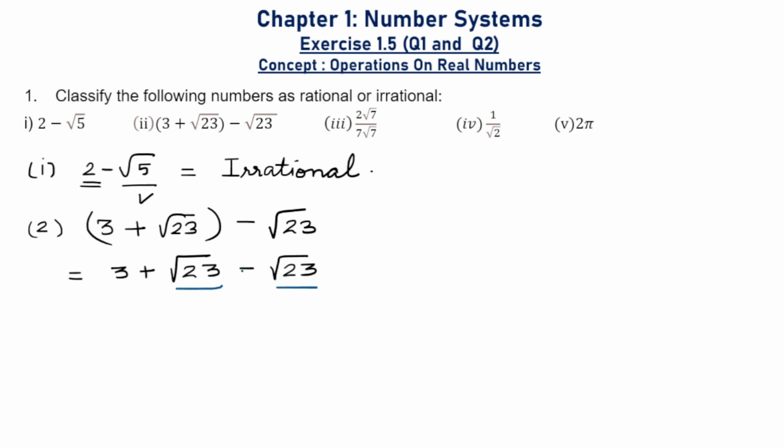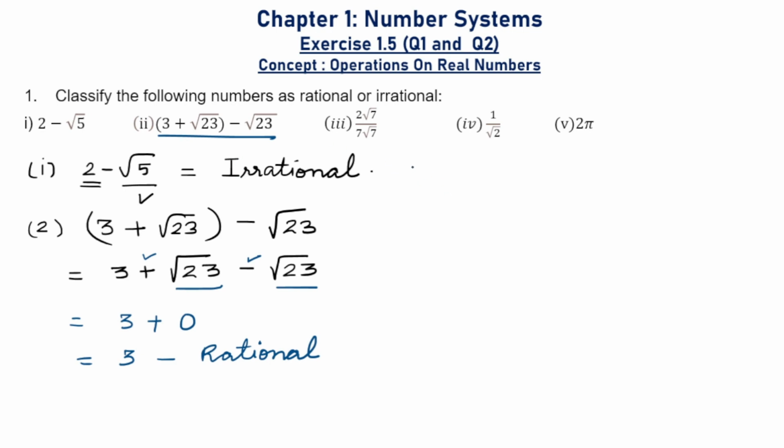So one is positive, the other one is negative. So they will cancel out each other and we are going to get 3 plus 0, and our answer is 3, and 3 is a rational number. So for the second one, this whole expression is actually a rational number.